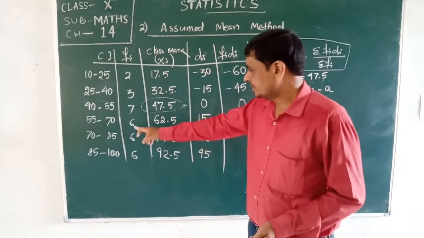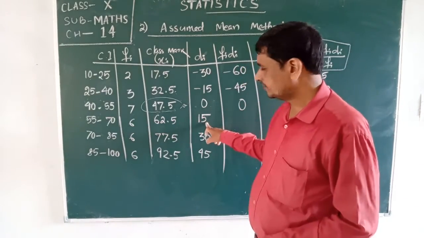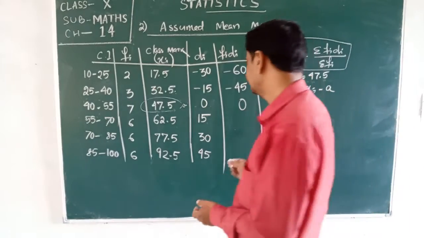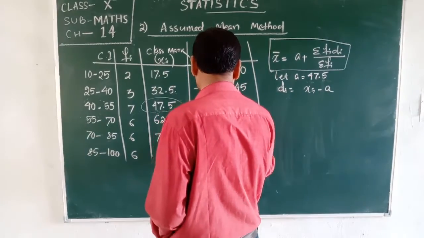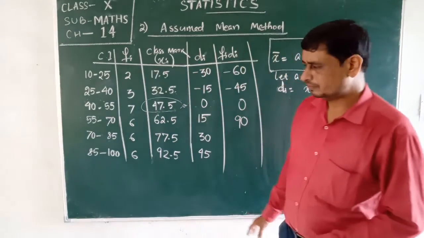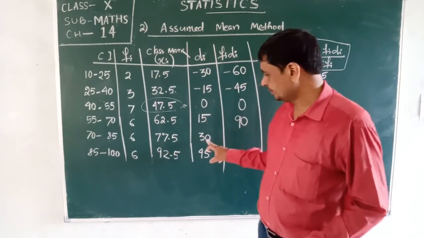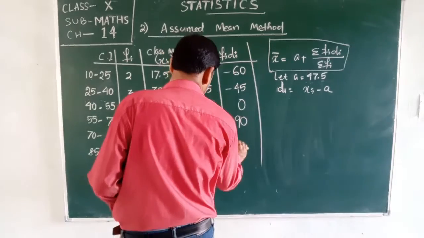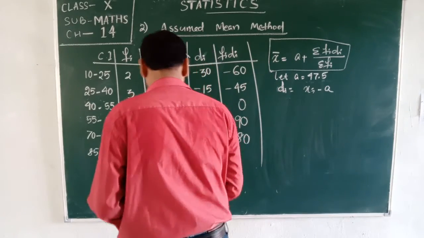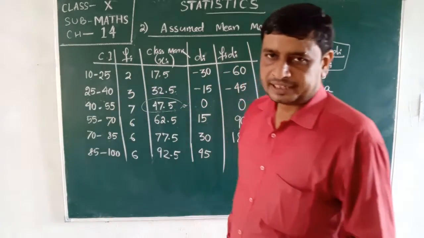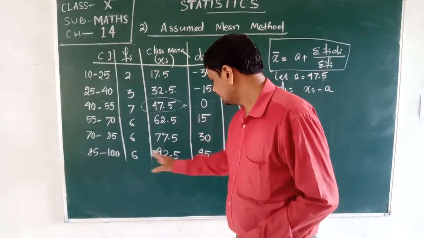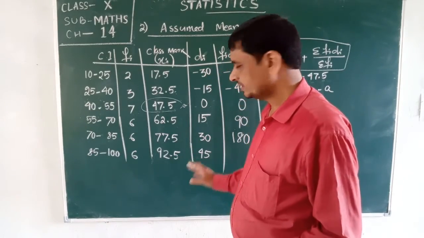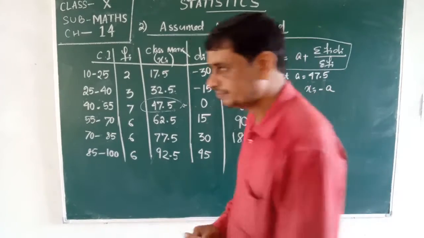Next 6 will multiply with 15 becomes 90. Next this 6 will multiply with 30 becomes 180. Next 6 will multiply with 45 becomes 270.